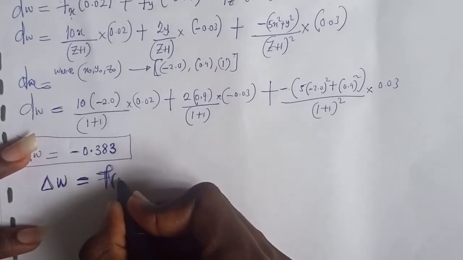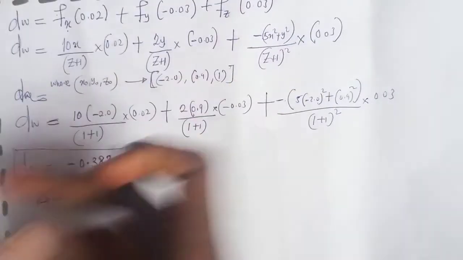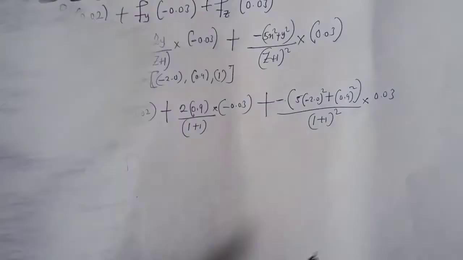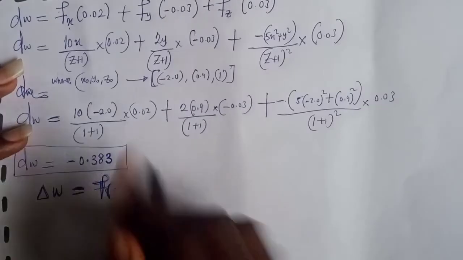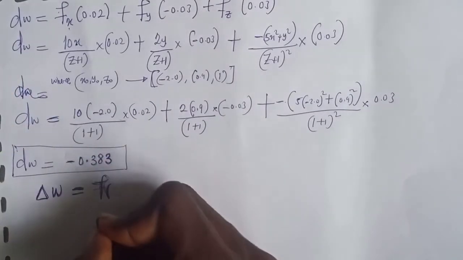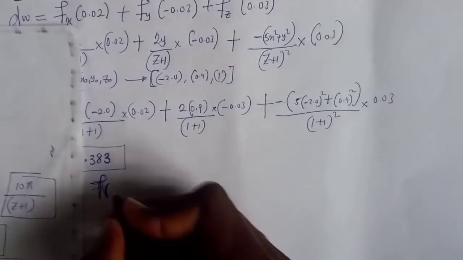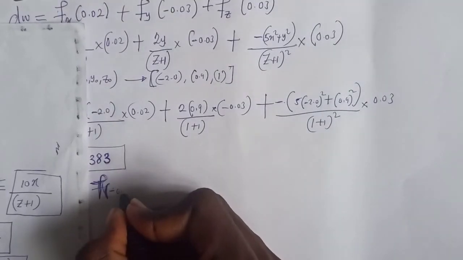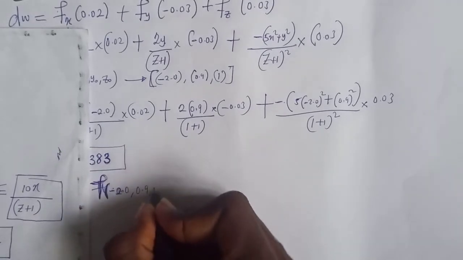The initial guess we used was, okay, I think I still have it here. Okay, we have it at the back here. So the initial guess is f of minus 2.0, 0.9 and 1.